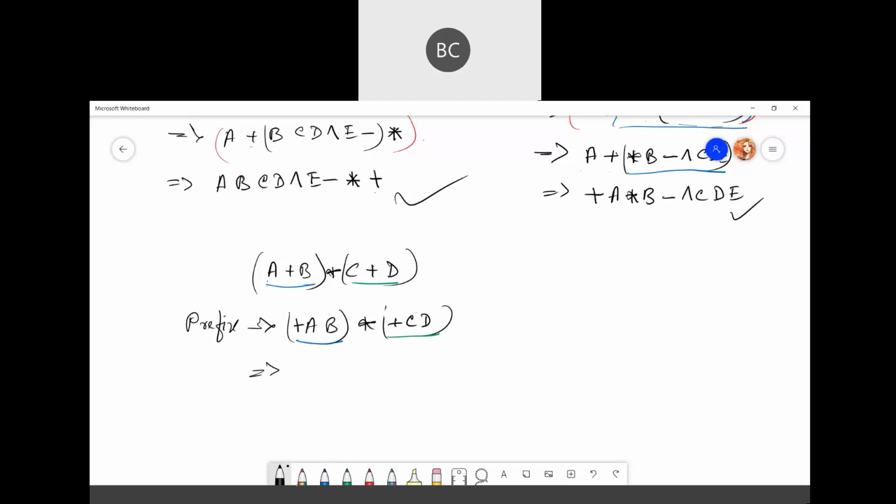Finally, you have to evaluate the whole expression. This is the operator, this is operand 1, and this is operand 2, so this sign will come before these. So the main answer is multiplication, plus A B, plus C D.